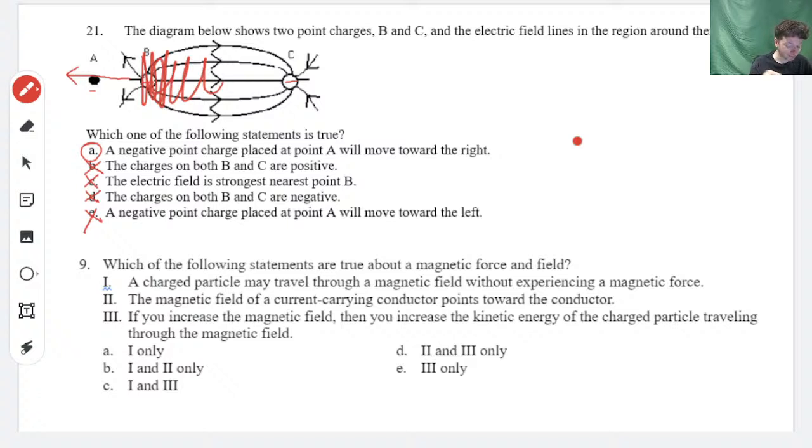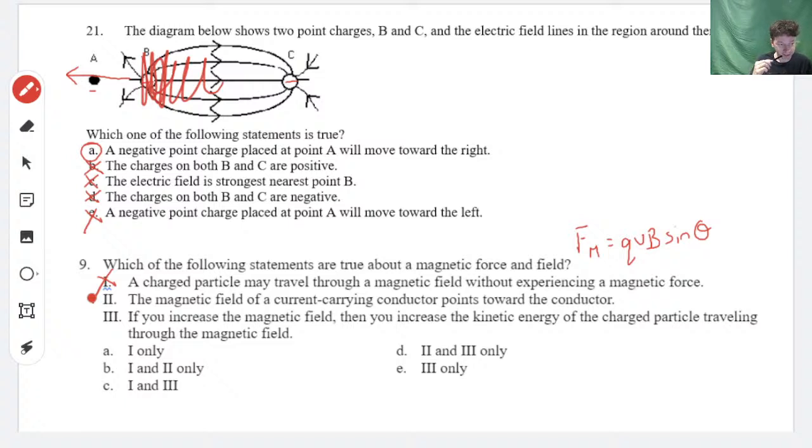Because if you remember the equation, Fm equals QVB sine theta, because it was a cross product between velocity and magnetic field. If they're parallel, the cross product is 0. Sine of 0 is 0. So there is a way for a charged particle to move through a magnetic field without feeling a force.